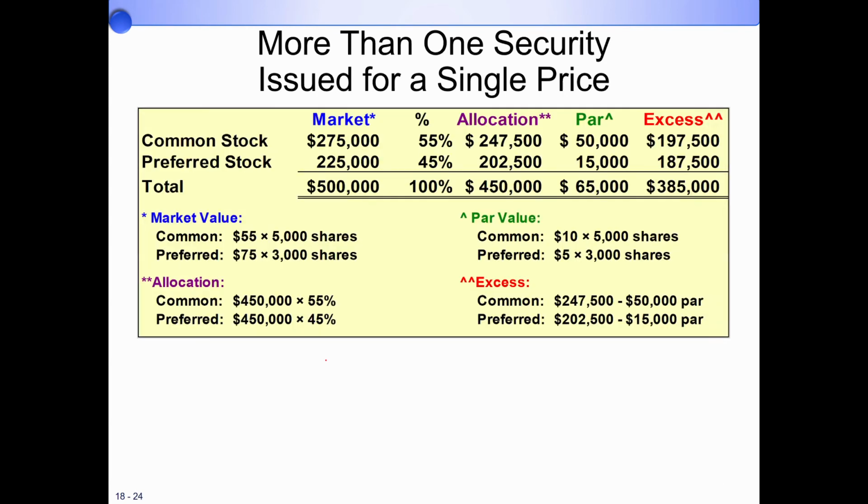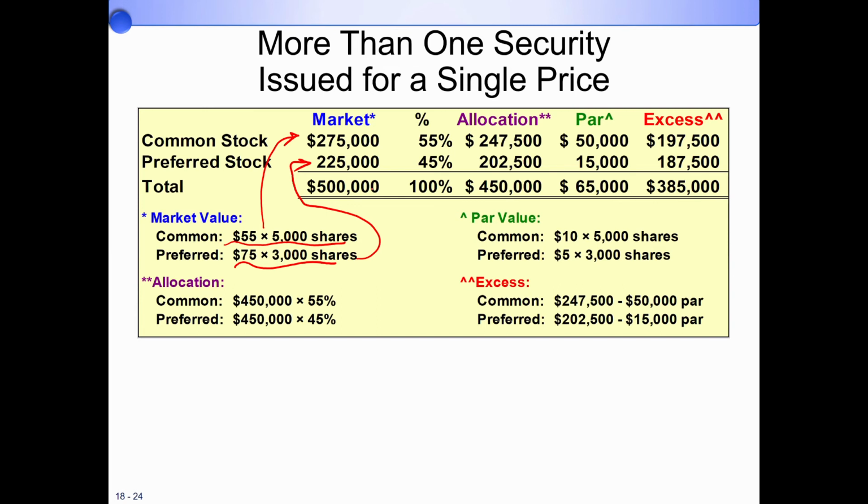So you can see here, this is the market value of common stock and preferred stock. That's how we get this. So what's the total market value? You add together, it is 500,000. So $500,000 is the total market value.